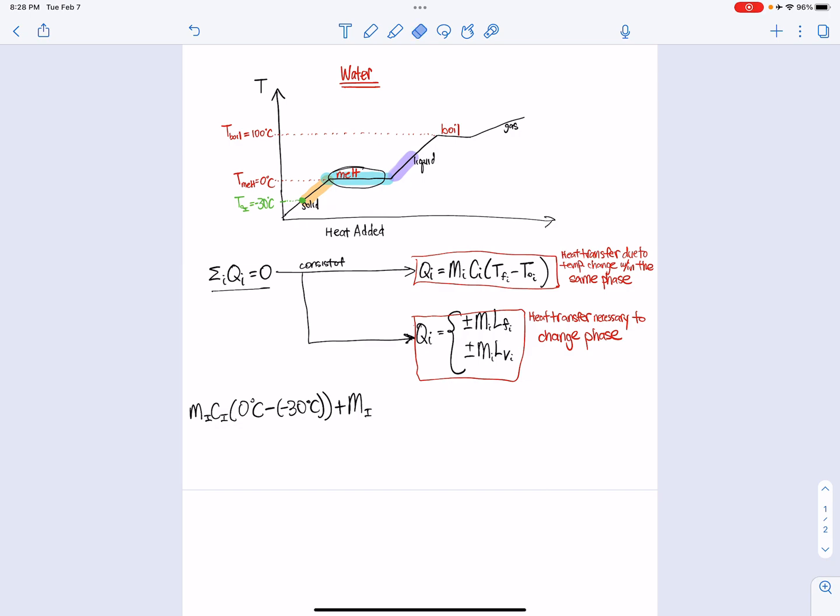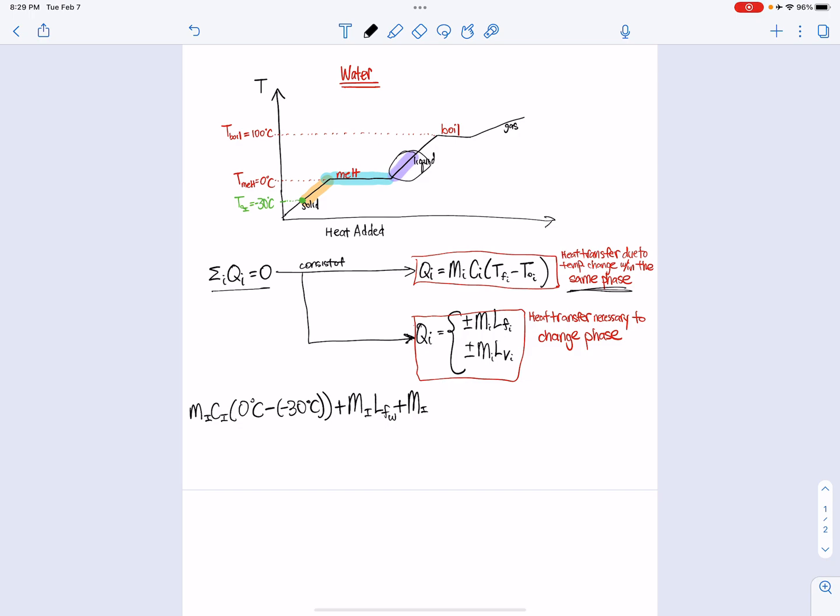Let me try to erase this. Hopefully. Yeah, there we go. Okay, so times latent heat of fusion for water. And then plus the mass of ice. Again, the ice experiences a temperature change after it melts, when it's in this region in purple, right?